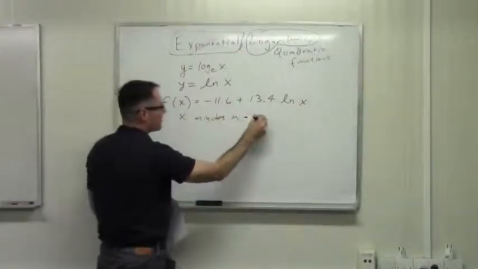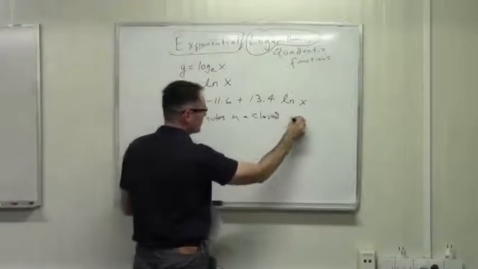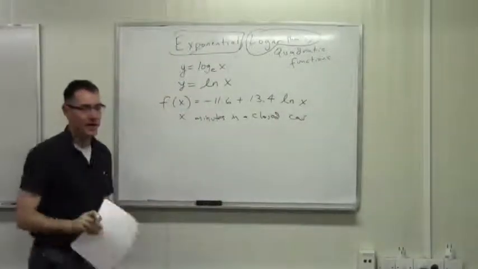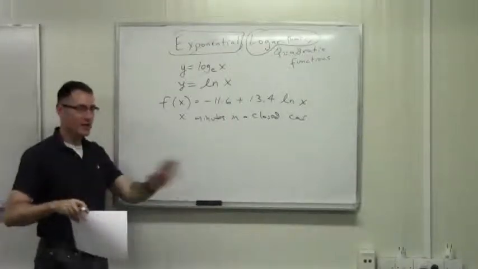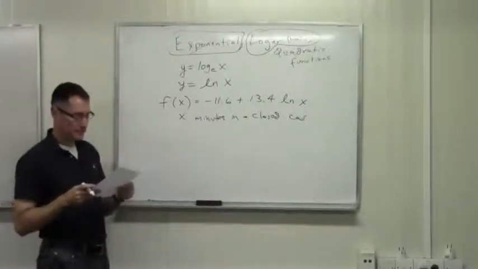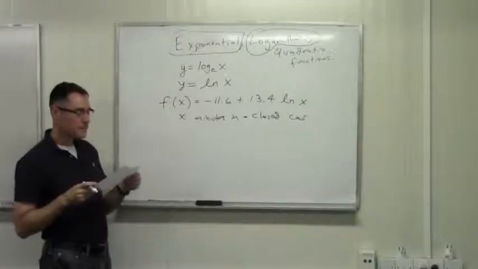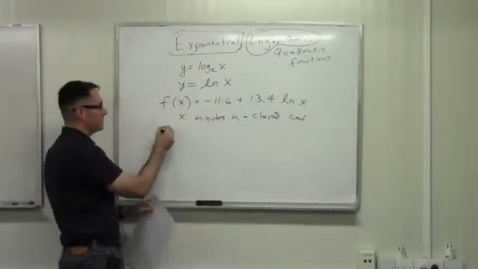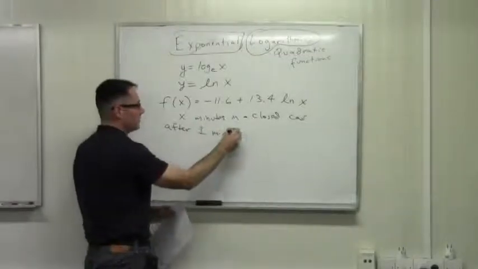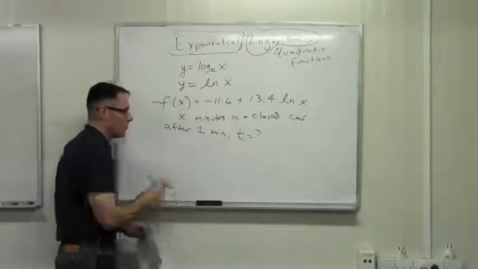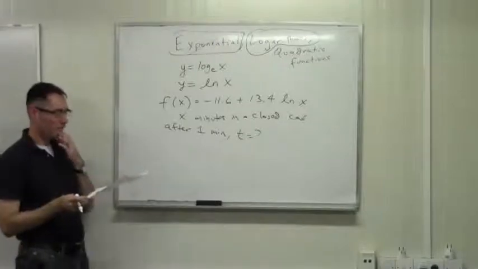I'm not sure what the other conditions are, whether it's a hot day or what. But let's say your car is closed, the air conditioner's not on, it's just heating up in there. Find the temperature after 1 minute. After 1 minute, the temperature, or f of x, equals what?